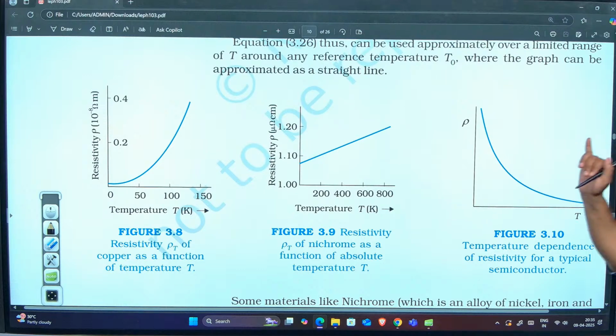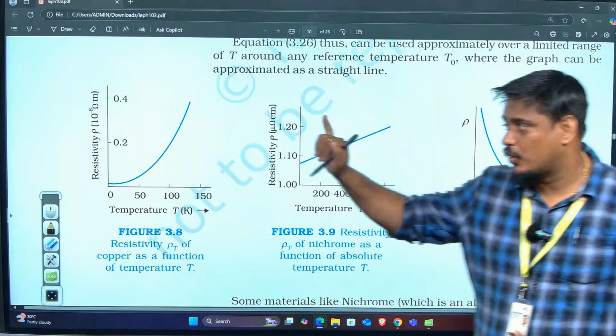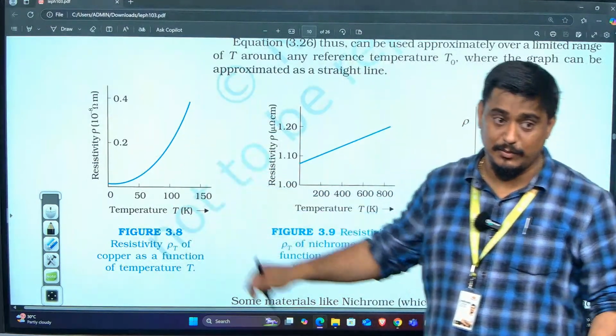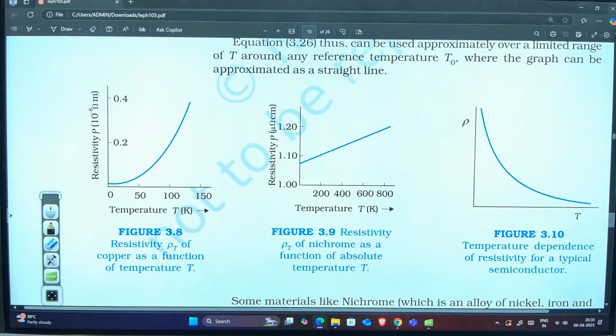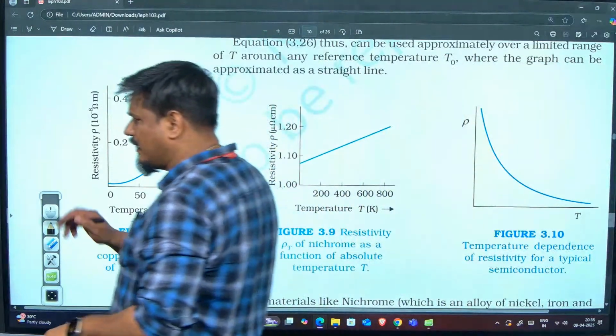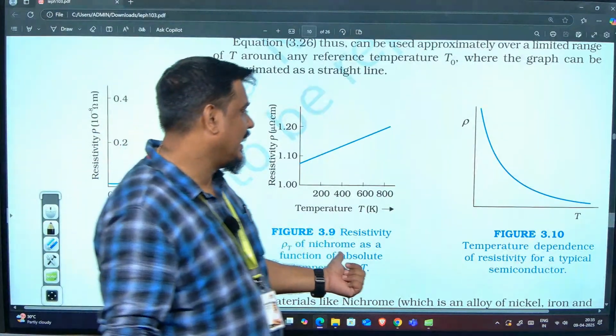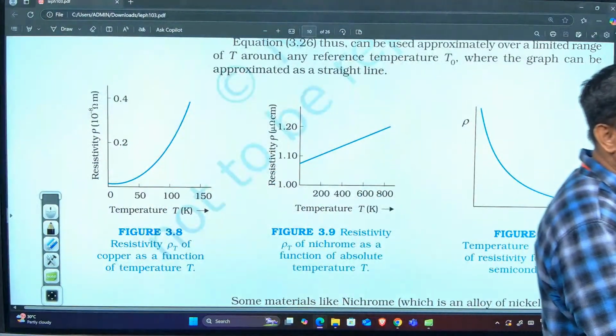This is the graph of rho versus T for semiconductor, alloys and conductors. Please draw it in your notebook now itself, or you'll forget it. Just draw the graph, not the values. Just draw the lines and write below: conductors, alloys, semiconductors.